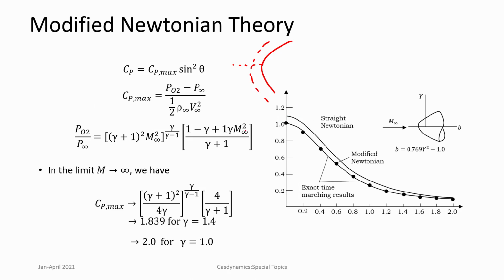If one plots using Newtonian methods, straight Newtonian without any modification is the upper curve, while the modified Newtonian is much closer to more exact evaluations using numerical techniques of a flow over a certain shape body. So modified Newtonian gives an improved estimate of the coefficient of pressure.